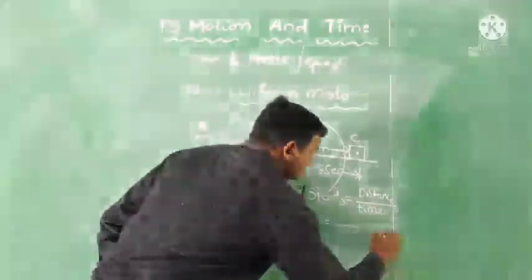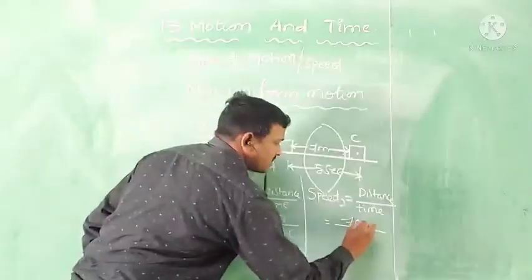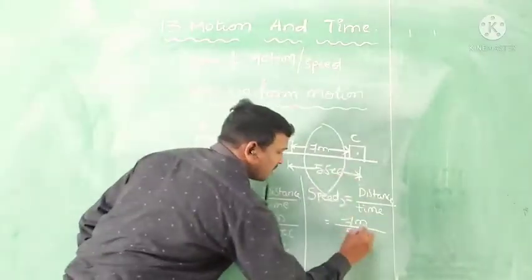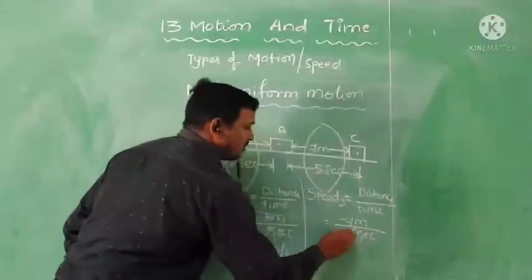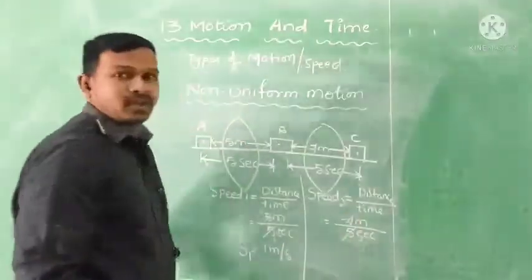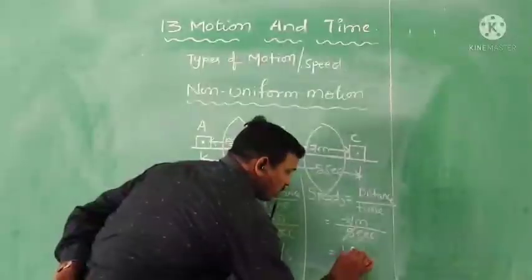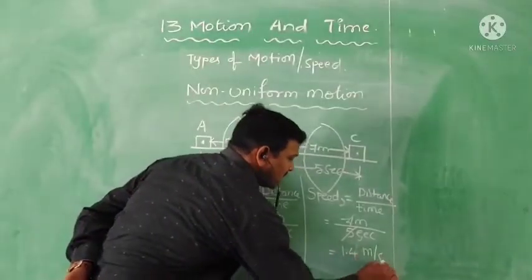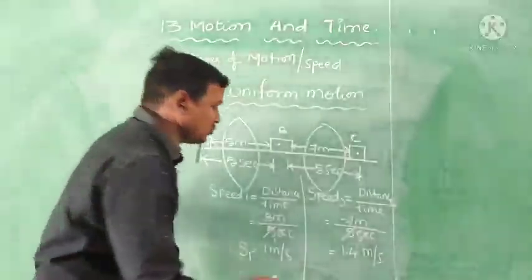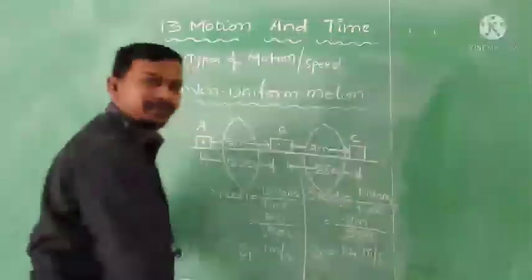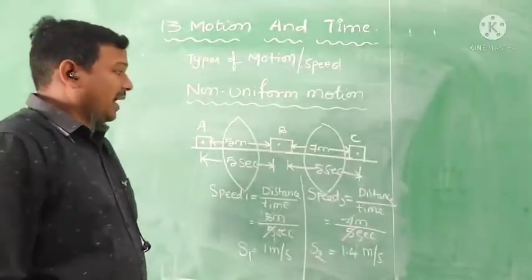The distance he covered is 7 meters. The time taken is 5 seconds. So is 5 getting cancelled? No. So what are we going to get here? 1.4 meter per second is the speed in the second situation. S2 I am taking. Right children?